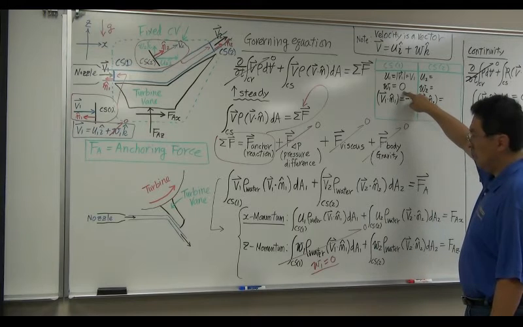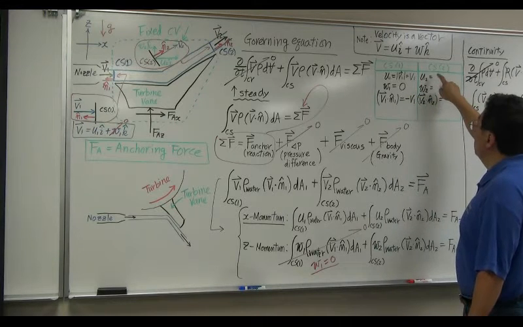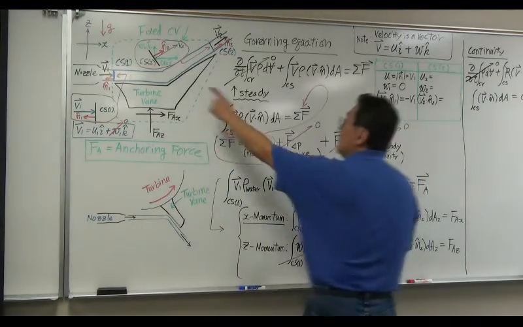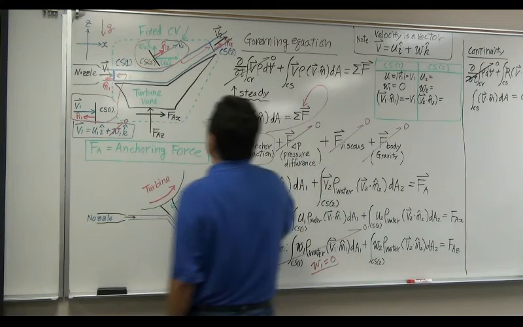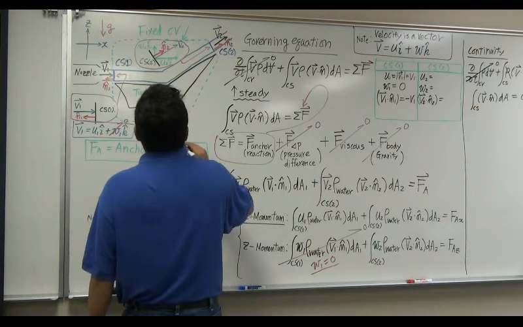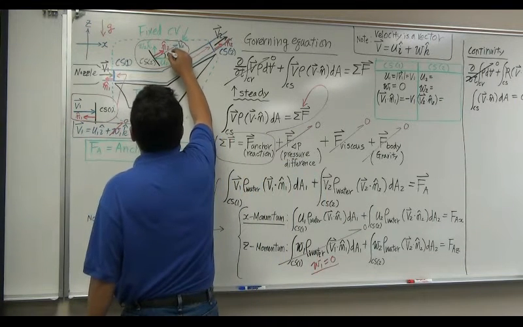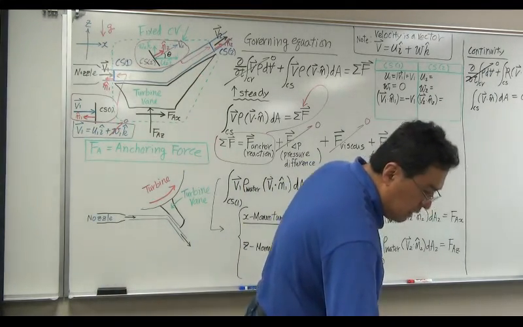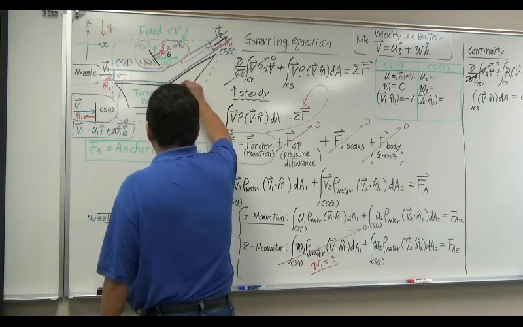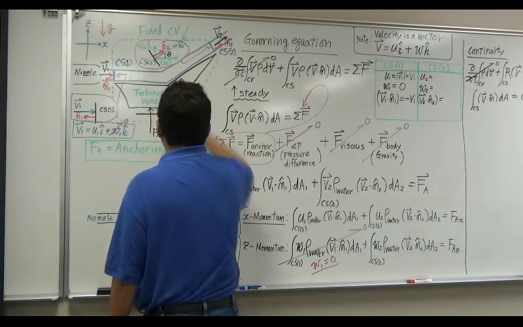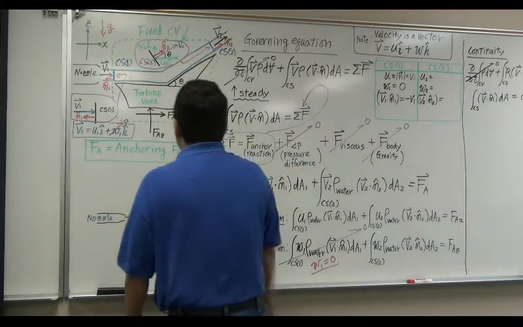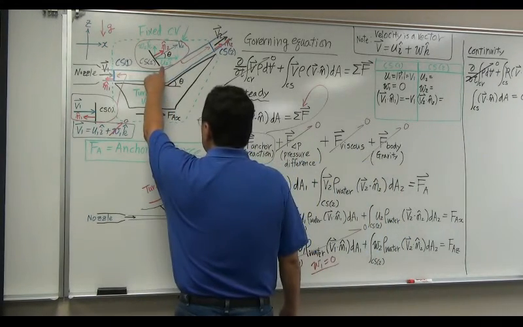W1 is 0. Okay. How about U2? This is theta, isn't it? Theta is defined as this angle. So if this is theta, what is U2 equal to?